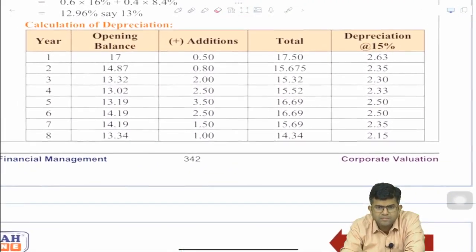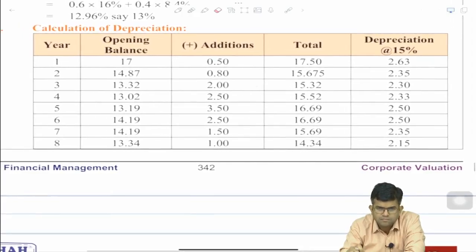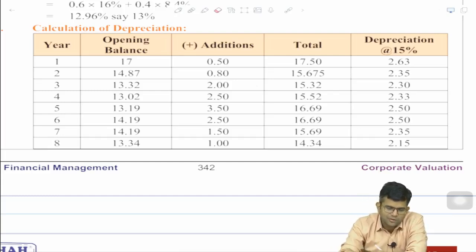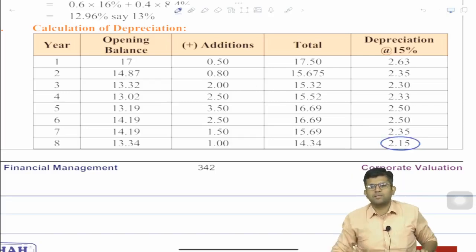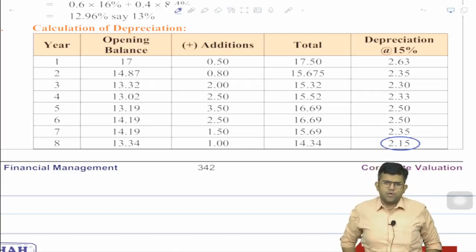Is this it? Check the depreciation column only. If the depreciation column is correct, that means everything is correct. In that also, I will recommend just check this. If this is correct, everything must be correct. Okay, done. 2.15.